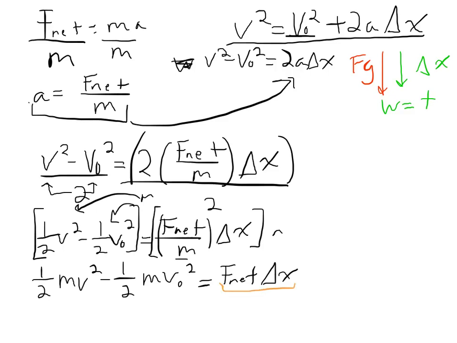This side of the equation, F net delta x, is net work. Over here, we have final kinetic energy and initial kinetic energy. So that would be KEF minus KEI.